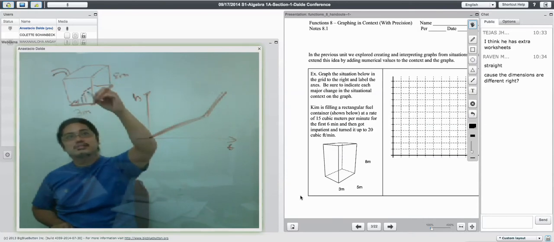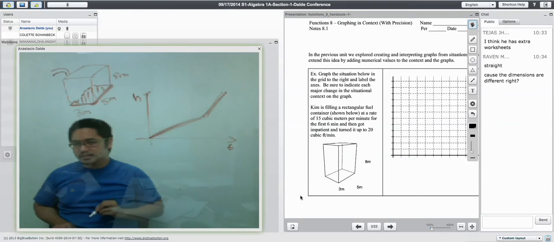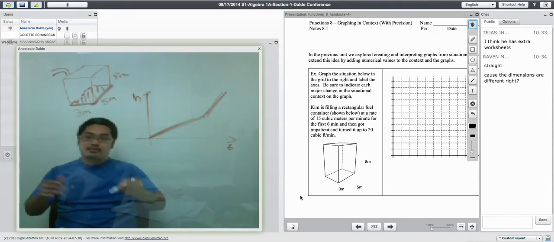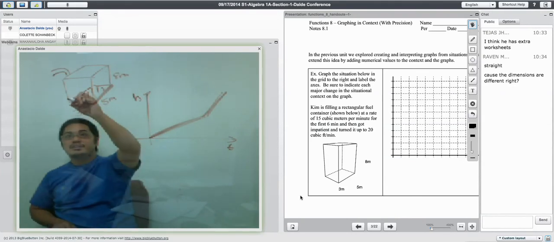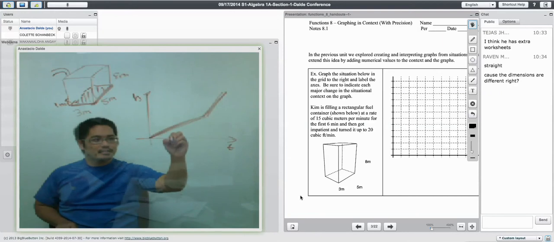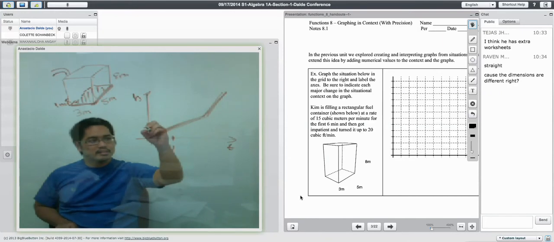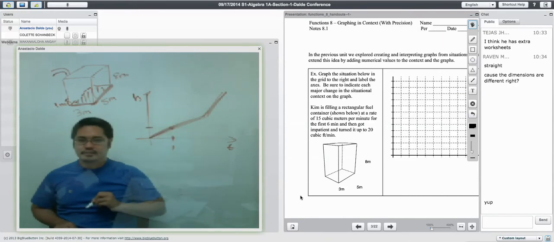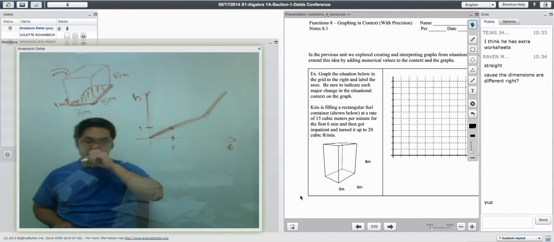That's just the bottom of the container. But I want my volume to equal 15, so I know that it must be 1 meter high. Does that make sense? So at exactly 1 minute, it is 1 meter high. So there's some numbers that I can attribute to that.